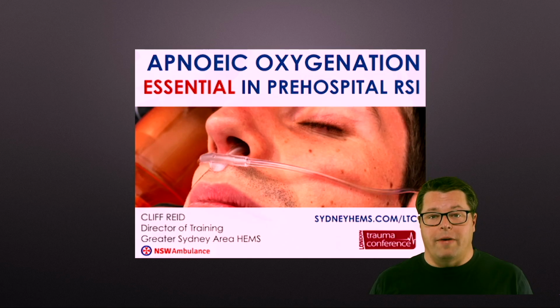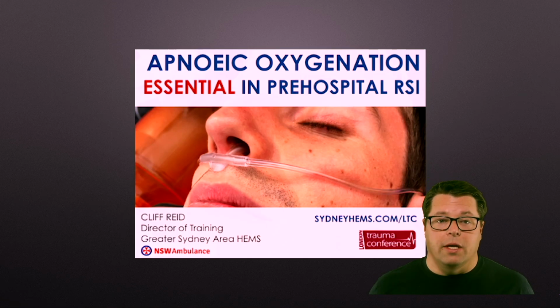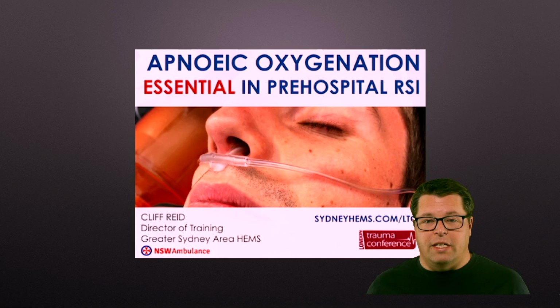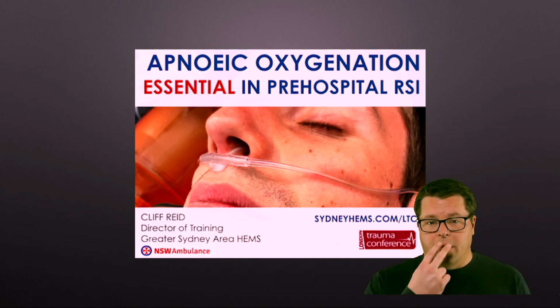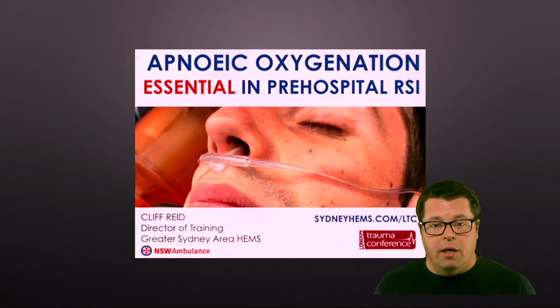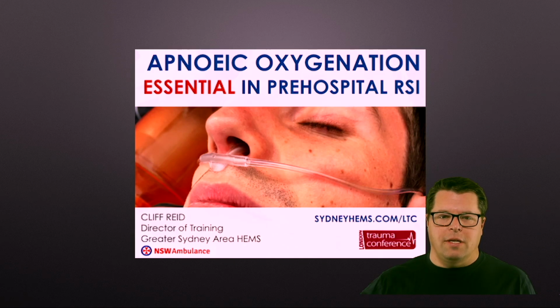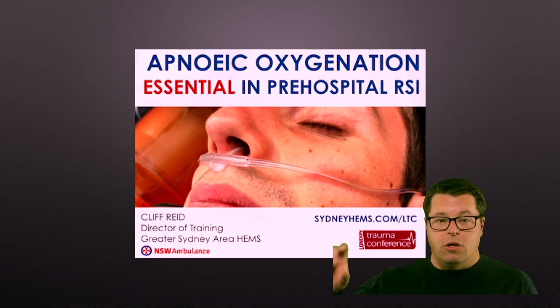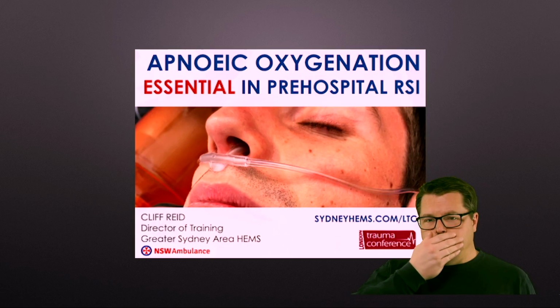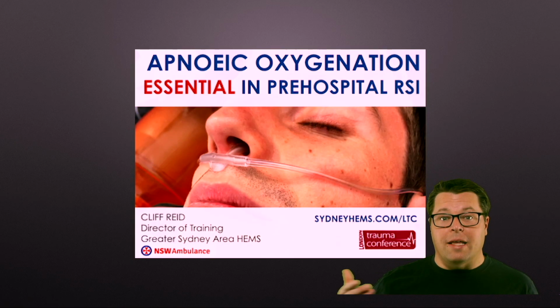All right, you've probably heard of apneic oxygenation, and you should be using it if you're doing advanced airways in the field, especially if you are doing RSI. And the idea here is that you take a nasal cannula, you put it on the patient, and then you crank it up on the wall to as high as it goes. Not just to 10, not to 12, not to 15. You keep turning the knob until it goes and it makes that noise.